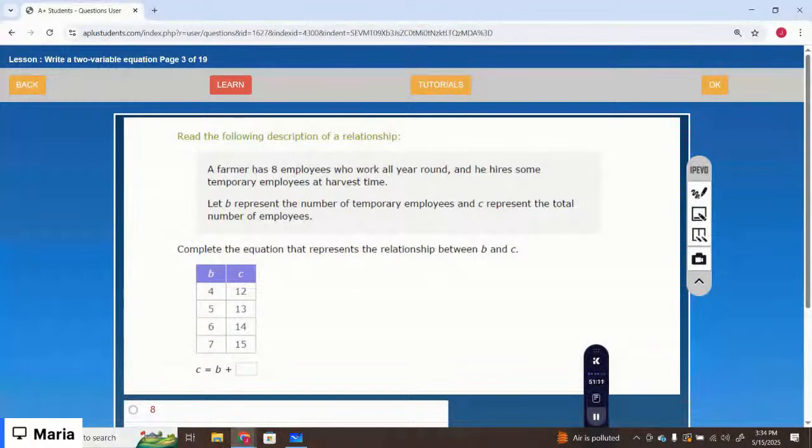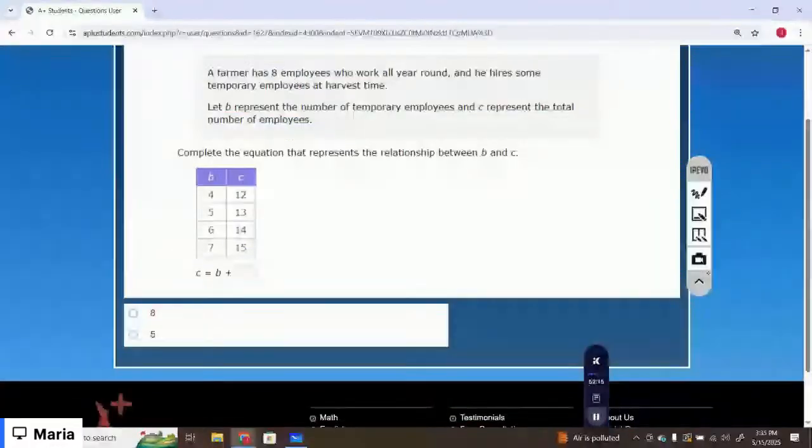Complete the equation that represents the relationship between B and C. So which is the correct option? 4 plus 8, 5 plus 8.